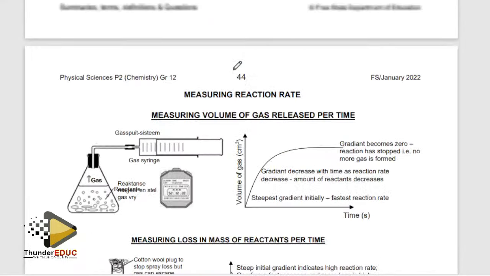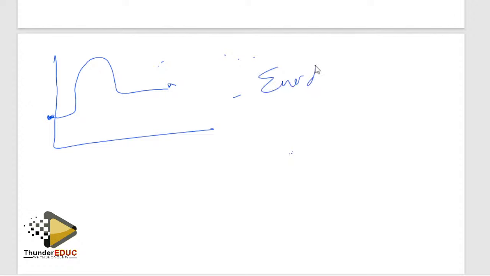Okay, let's go, guys. The graph, guys: once a graph like this comes, you just have to take note of this. When you start from here and you go high, it means that you have taken a lot of heat in, so definitely it is going to be endothermic.